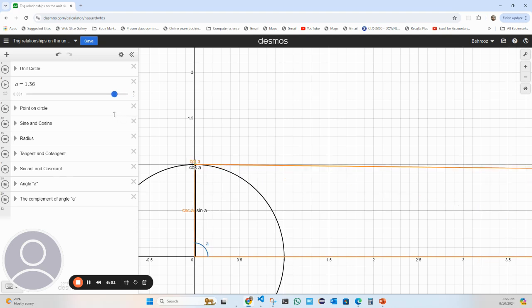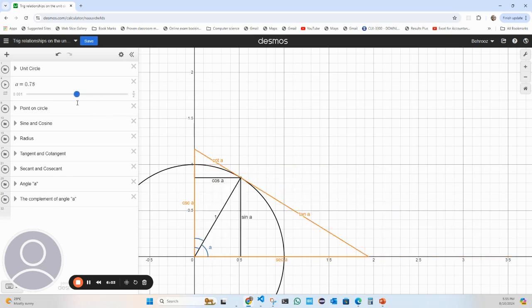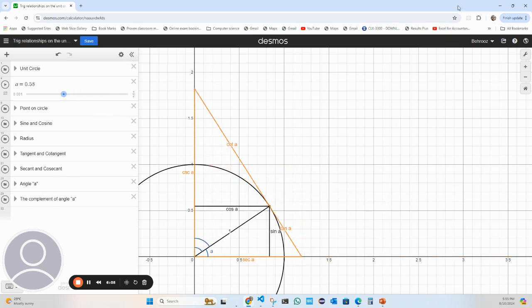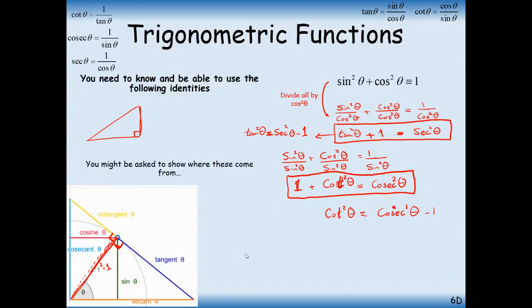Okay, but anyway, you can play around with this in your own time and confirm these identities. The right angle identities apply here as well. Okay, so let's go back and check out what we can do when we are asked to solve some problems using these new identities that we've discovered.